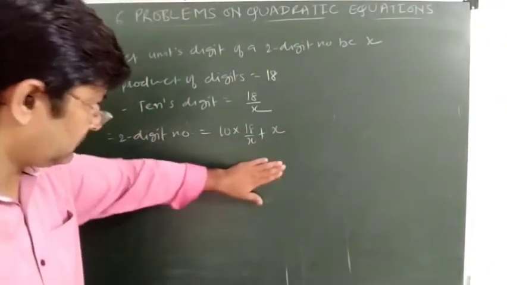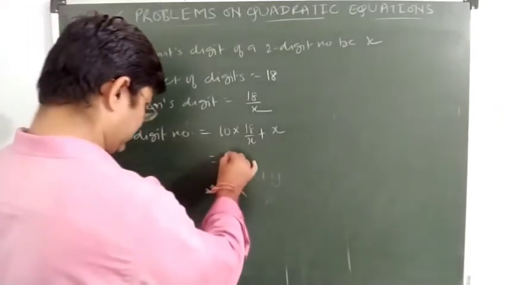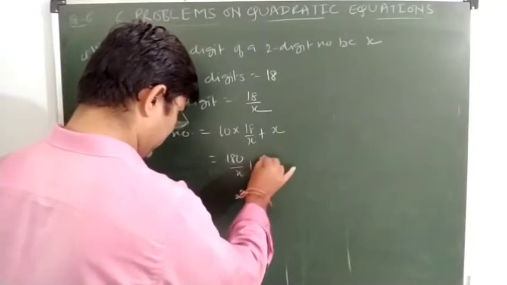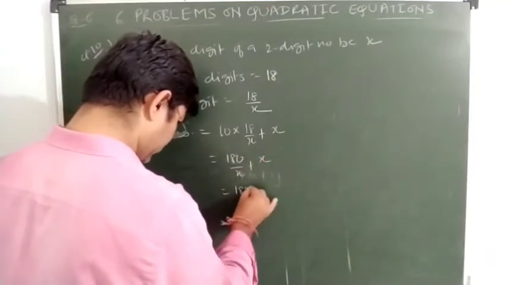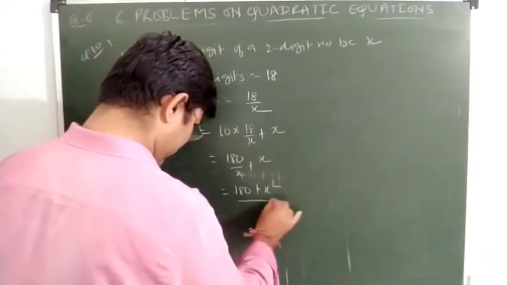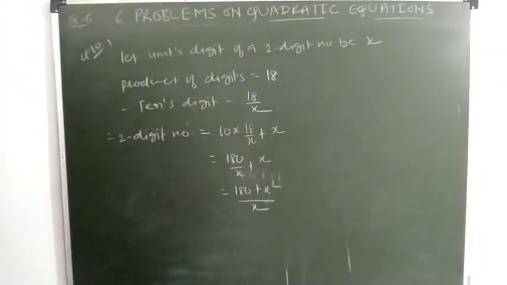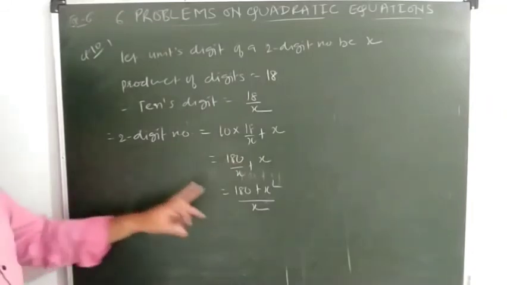Clear? And then you can simplify: 180 upon x plus x, or 180 plus x square upon x. Clear? Okay, so this is the two-digit number.